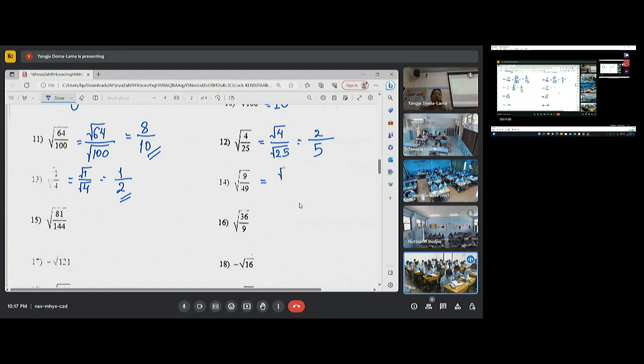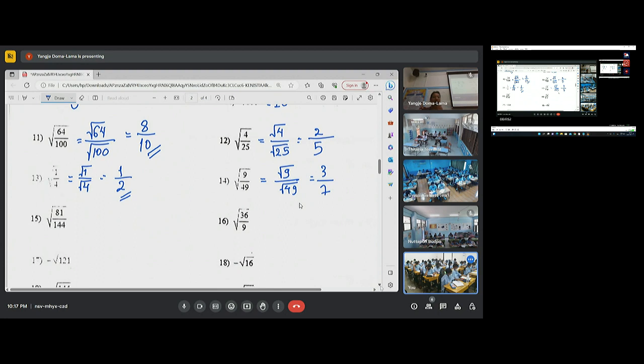Number 14 is root 9 over root 49. How much is root 9? This is 49, not 7. Three over 7. Question number 15.